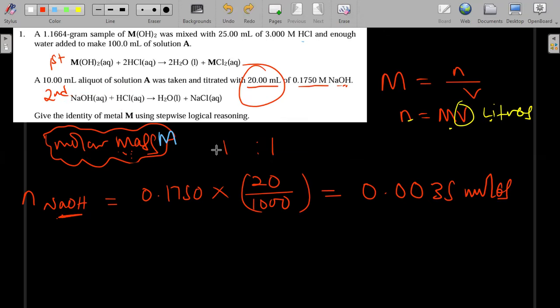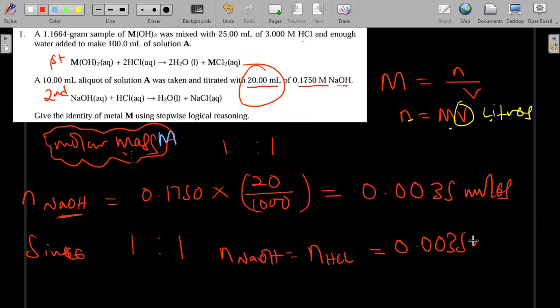Since the mole ratio is 1:1, the moles of hydrochloric acid will just be 0.0035 moles. So here we found the number of moles of hydrochloric acid in the second reaction.